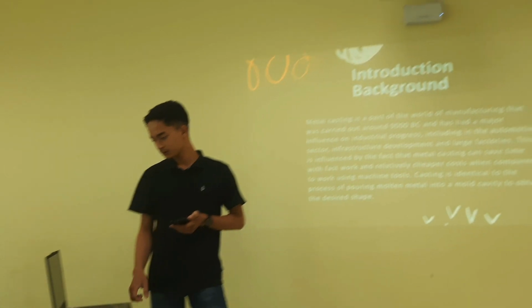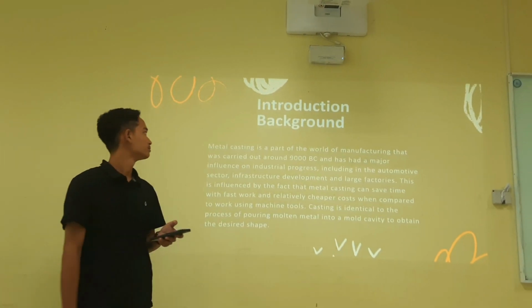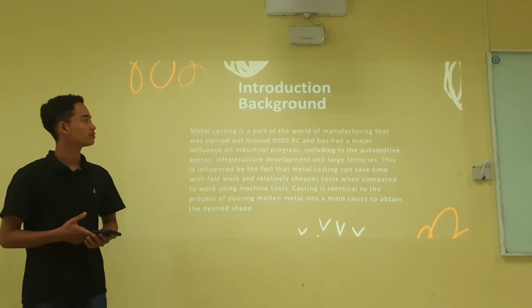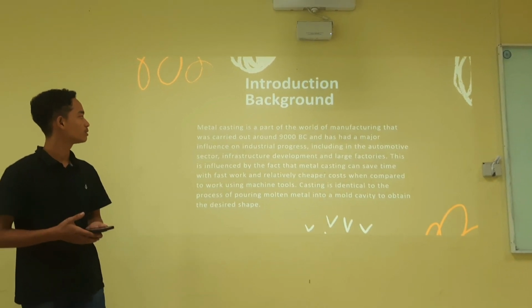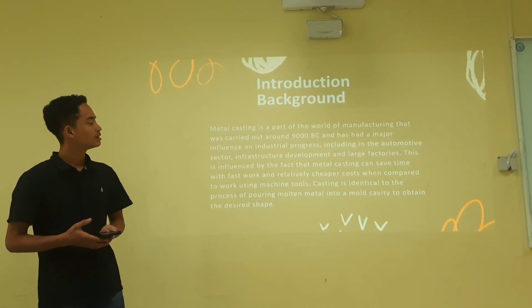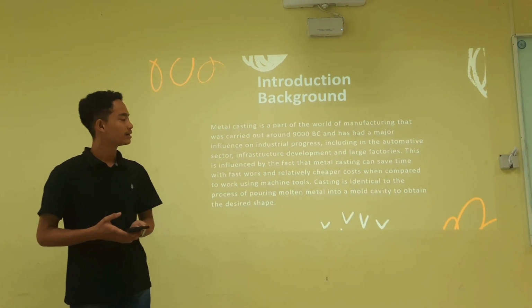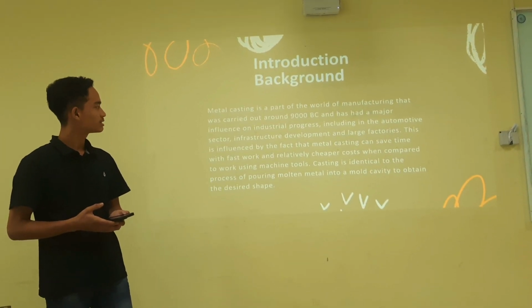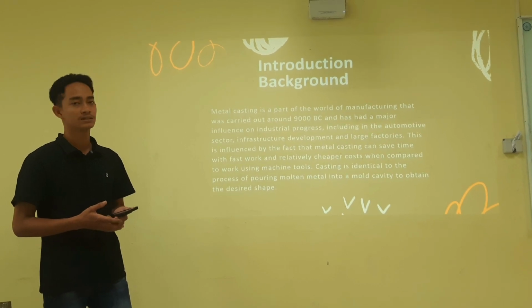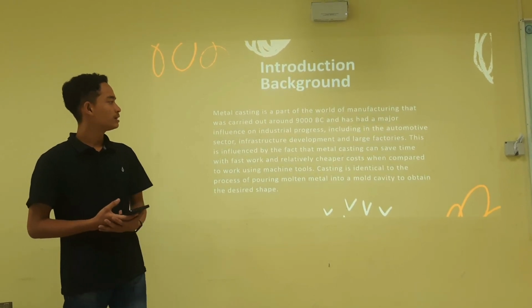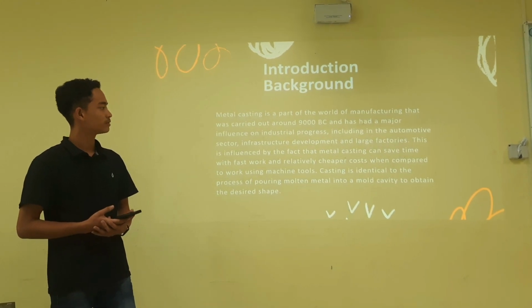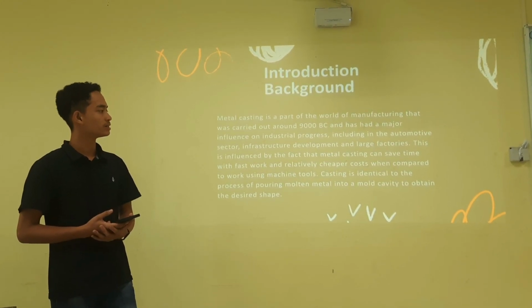Introduction, background. Metal casting is a part of manufacturing work that has been carried out for around 9,000 years and has had a major influence on industrial progress, including in the automotive sector, infrastructure development, and factories.